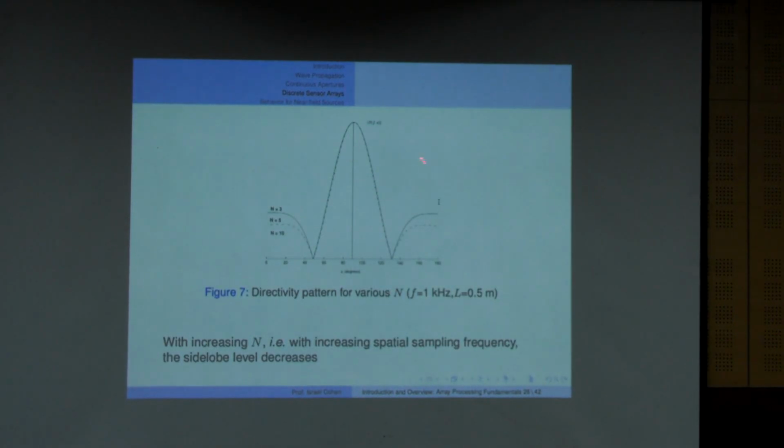You see that the beam width remains the same for a certain frequency, of course. But when we increase n, the side lobes become lower, until, if we increase n to infinity, what will happen? Like the sinc, minus 13 dB. It's just like a continuous aperture, so it will converge to a sinc.